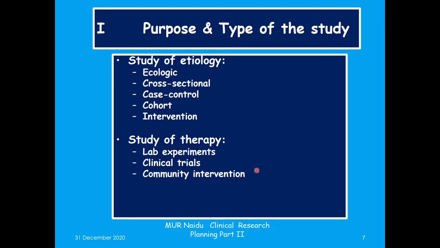For example, today we are looking for a community intervention by asking the people to use a protective mask or social distancing, or in future we are going to use a COVID vaccine. That will come under the study type of community intervention. So these are the various purposes and types of study which are conducted during clinical research.